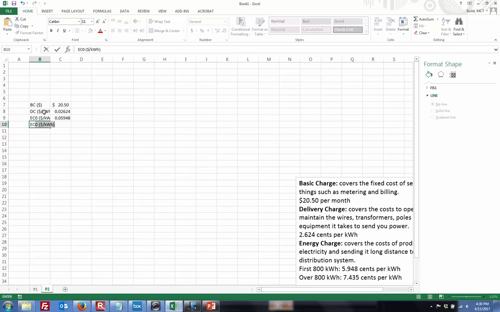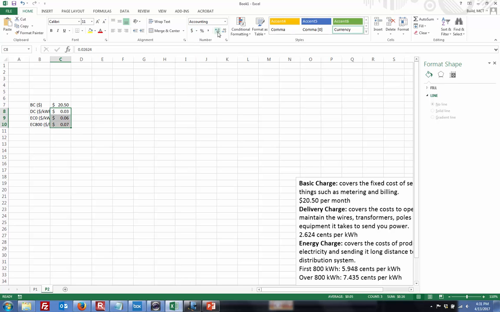EC 800, dollars per kilowatt hour, 0.07435. That's in dollars.